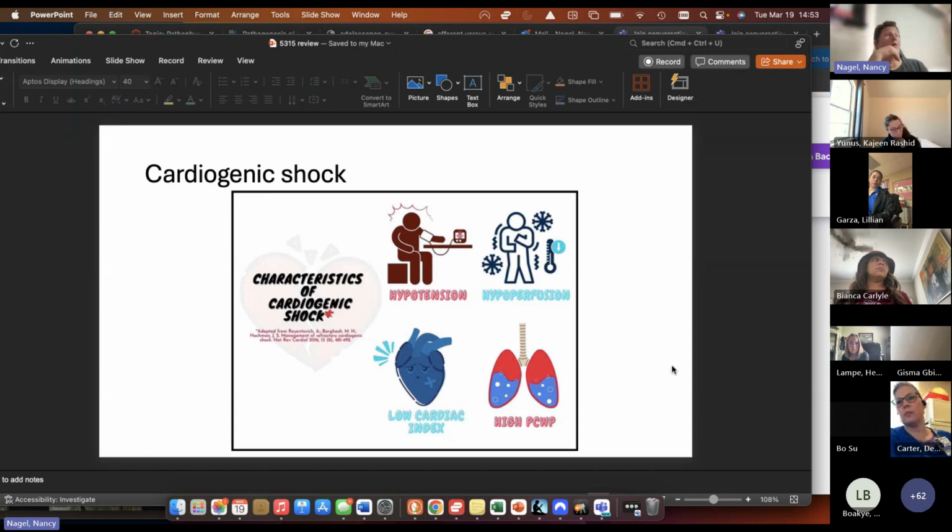And the reason they're going to have a high wedge pressure is because when you have such a poor squeeze, then the blood can't flow very well from the left atria into the left ventricle. So everything starts flowing backwards, which means your lungs start filling up with fluid. And when your lungs start filling up with fluid, you get pulmonary edema. That's going to raise those pressures up.